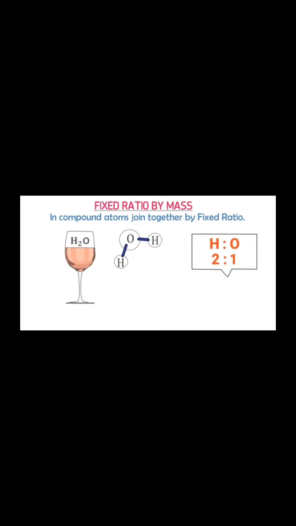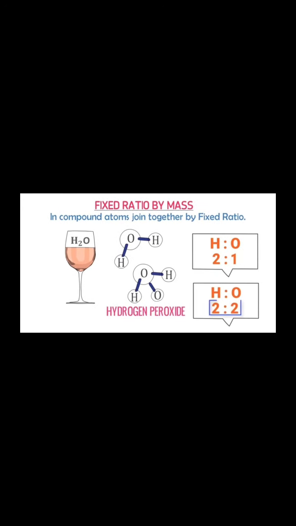In case you are increasing or decreasing this ratio, you will be getting a new compound. For example, if you are adding one more oxygen atom to water molecule, you will be getting hydrogen peroxide, H2O2, and the ratio will be 2:2.